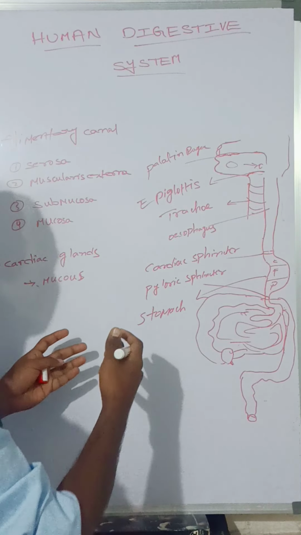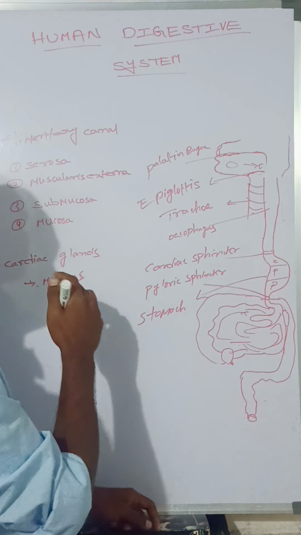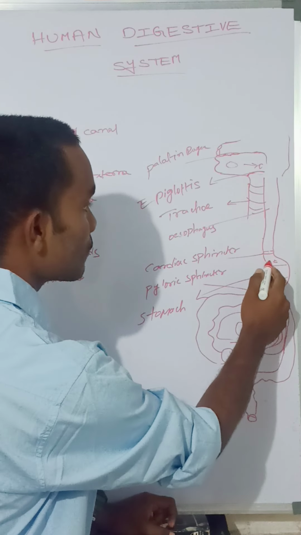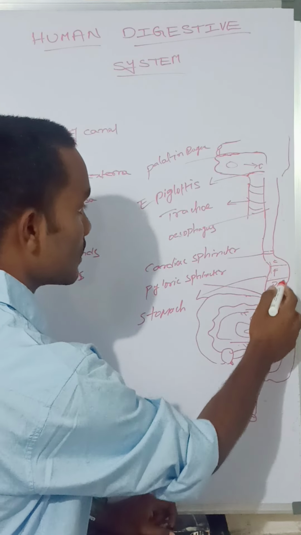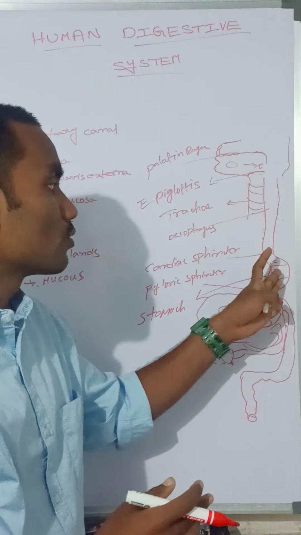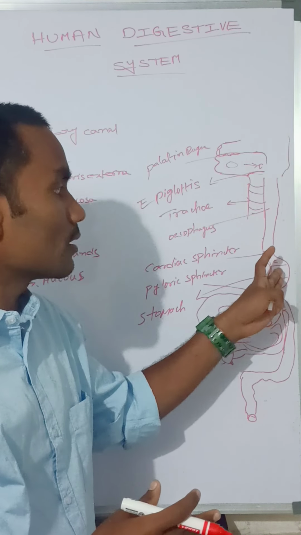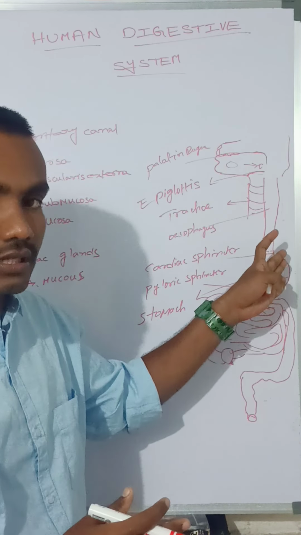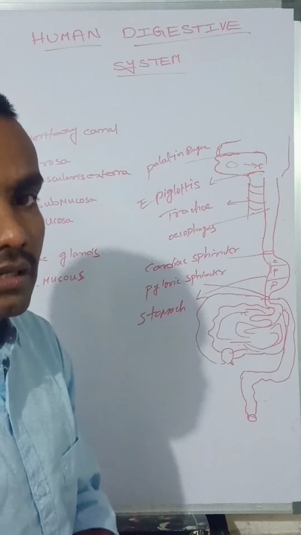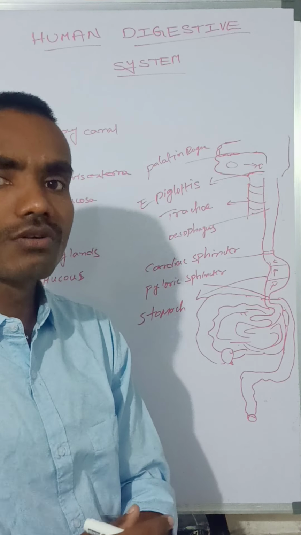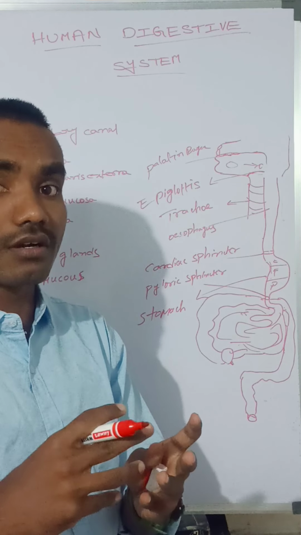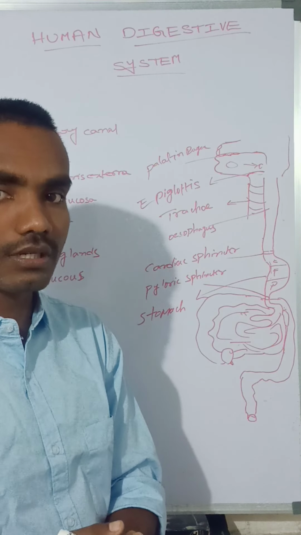That is how: the cardiac gland secretes mucus. Where is the cardiac gland present? Here. When it secretes mucus, it lines the stomach. So the hydrochloric acid will act on the food present inside the stomach, but not on the walls. Sometimes you can observe that people who do not take food at the proper time undergo excoriation of their walls, like stomach ulcers.